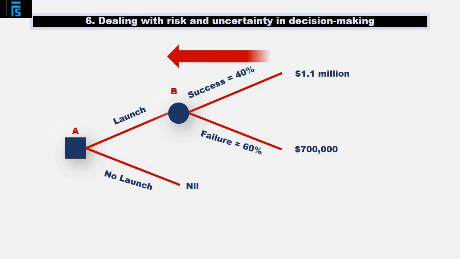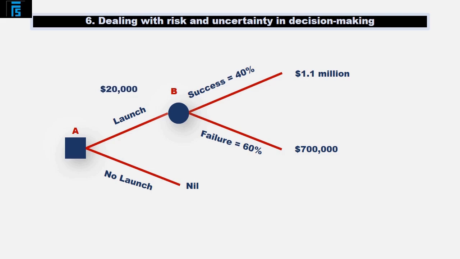We calculate decision trees from right to left. So the first node that we would assess is node B. At a chance node, we calculate expected value. In other words, 40% times 1.1 million plus 60% times negative 700,000 is $20,000 positive.